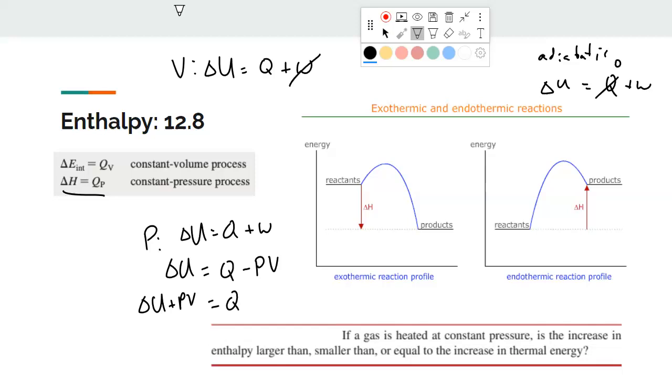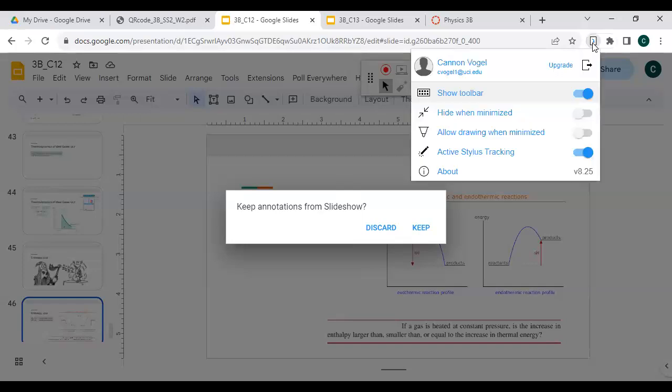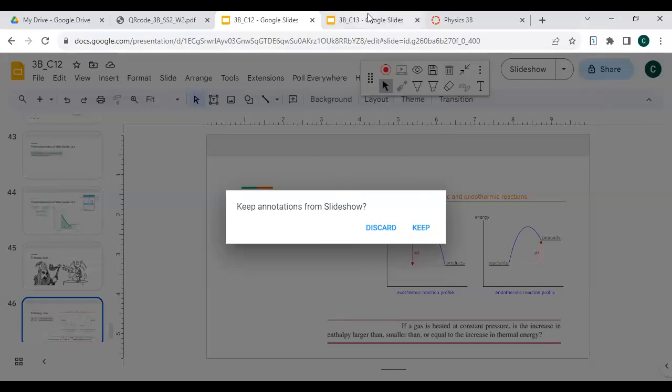Okay, so that's the end of chapter 12. I don't know why it always wants to do this for me. Let's try it this way. Nothing, huh? Okay. We don't have a ton of time left, but we're going to try to start chapter 13 and the computer is just completely frozen.